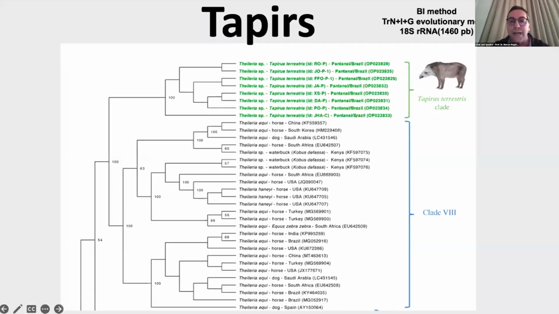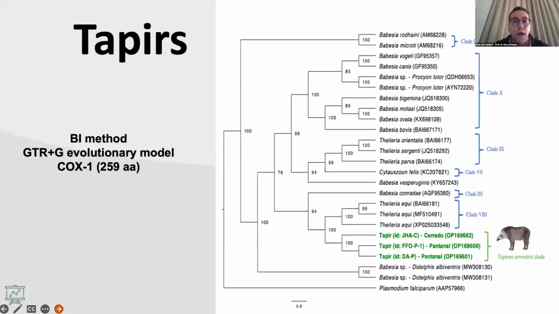There is a very well supported clade that separates the Tapirus terrestris clade from Theileria equi and the Theileria haneyi. And this was based on the near complete 18S rRNA. What about the topology when it comes to COX-1, which is a mitochondrial gene? Right here, again, you can see very high support.